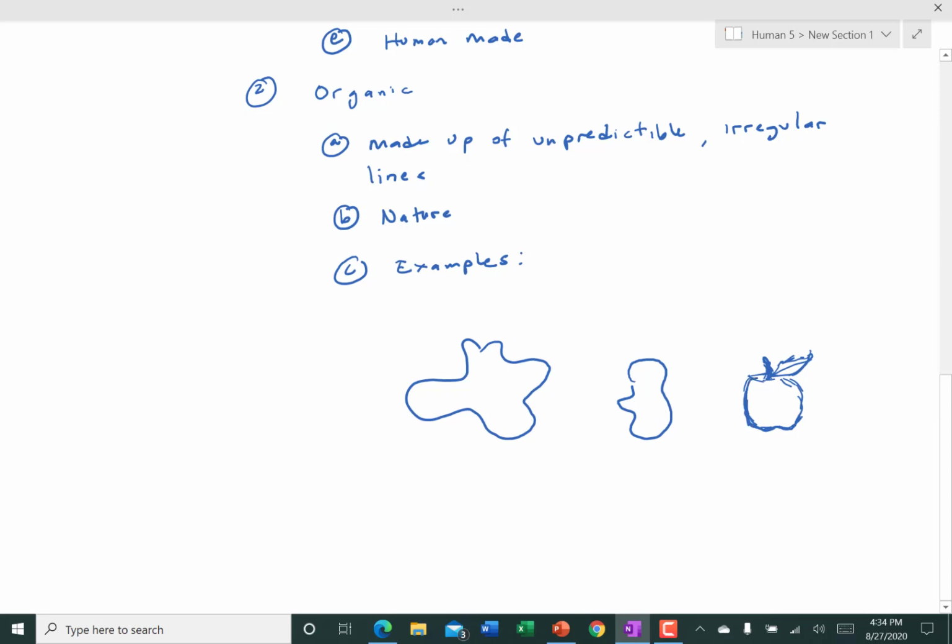Okay, those are organic lines, because they're not using regular lines in the same way, and it's not always predictable. They can be crazy, they can be seemingly more ordered, but that's organic.